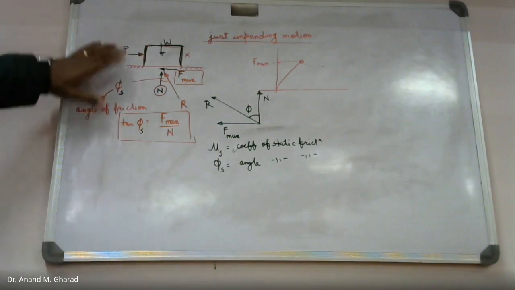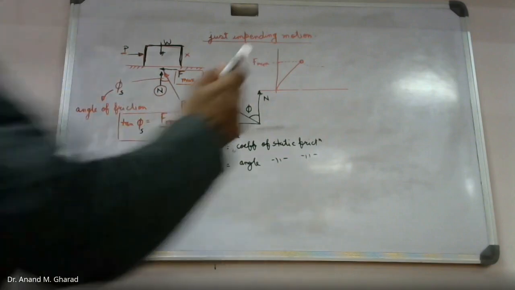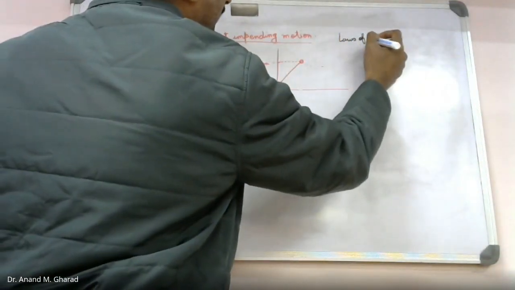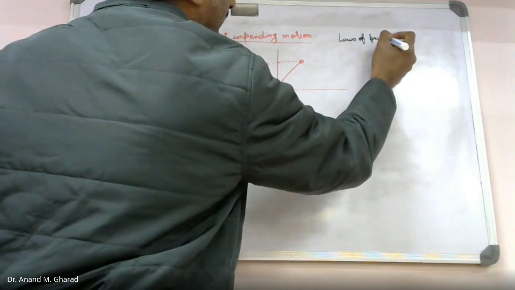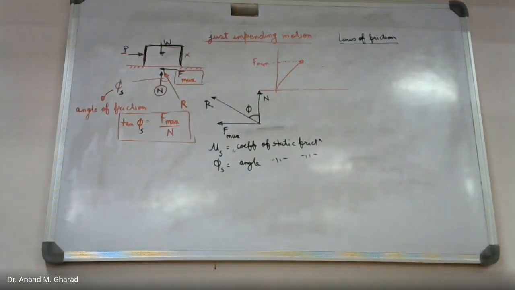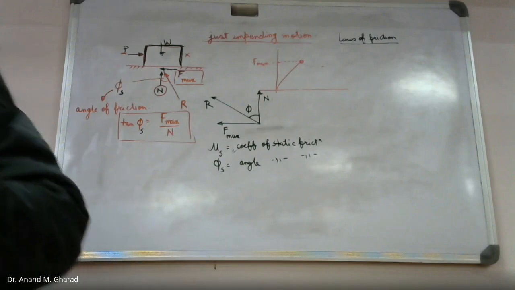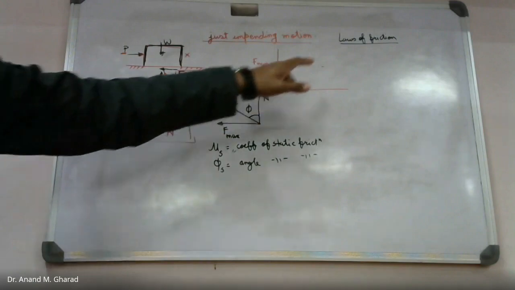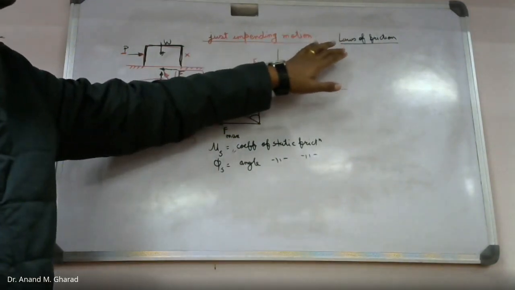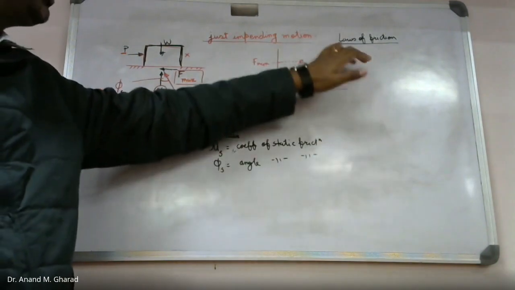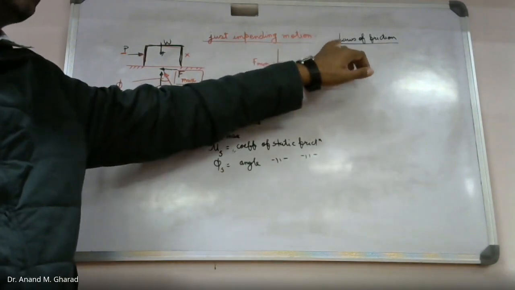Then associated to this, there are laws of friction. They are also known as Coulomb's law of dry friction. You must all be knowing about this, or is it required for me to tell you the different laws which are associated with Coulomb's law of dry friction?